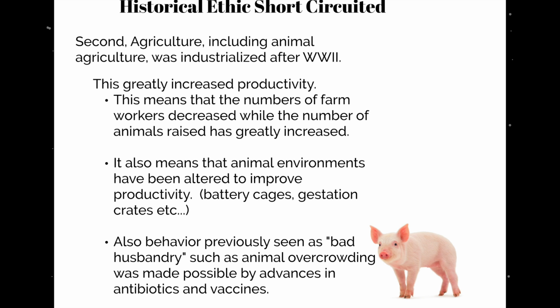Right? So due to these three changes in the agricultural sector and the rise of research contexts, we have both the social consensus ethic breaking down, and the individual ethic built on good husbandry also breaking down and no longer doing the work that it was supposed to do, at least from a societal perspective.